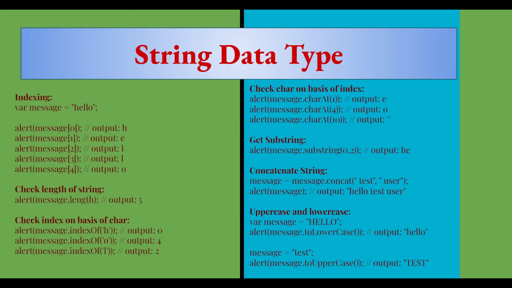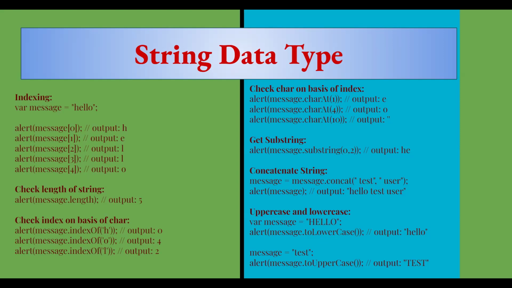In case we have two different indexes for a single character, it will always return the first available index in a sequence. For example, in message, we have a double L. So once you try to get the index of L using this method, it will return index value as 2, even though L is present at index 2 and 3.